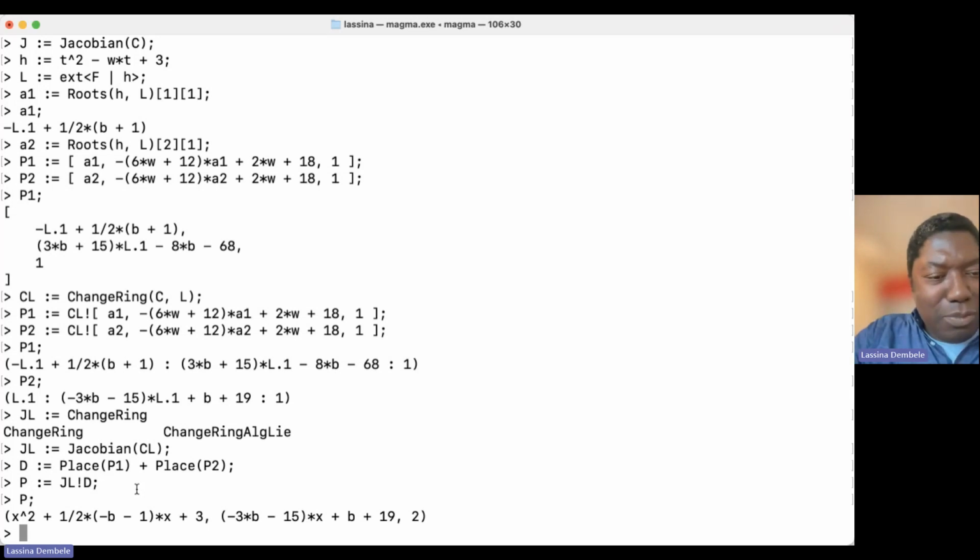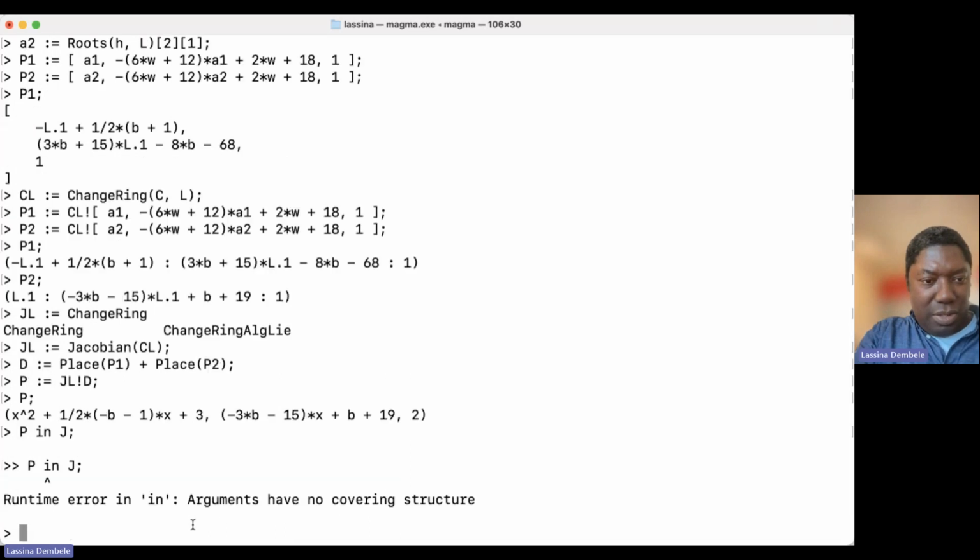But you see, the thing that is interesting, if you look at the coordinates of this point, they are all in the quadratic field F. Right? So this means that the point we have here is actually defined on the Jacobian of the curve itself.